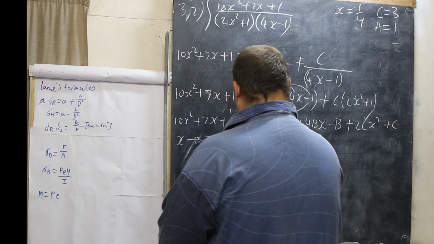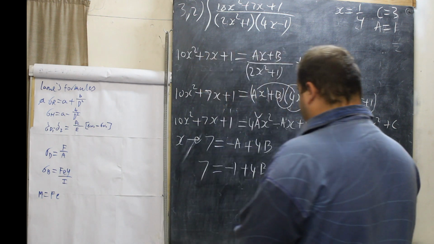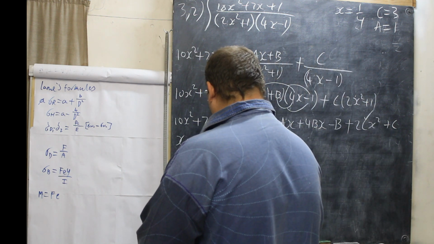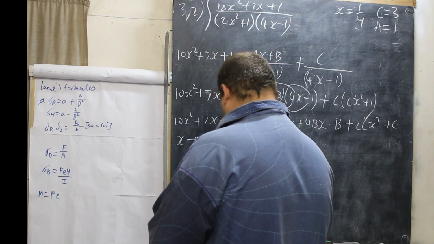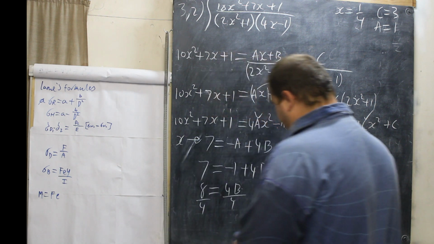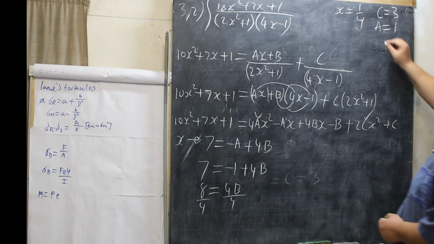Minus 1 plus 4B. And then 7 plus 1 is 8. Equals 4b, over 4, over 4. 8 over 4 is 2. So b equals 2.